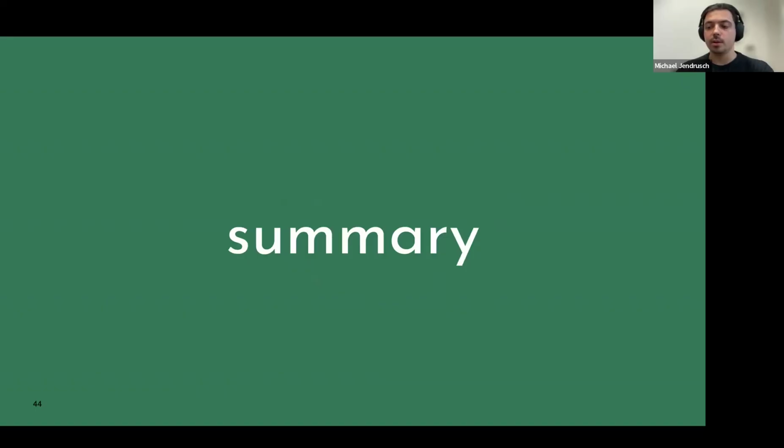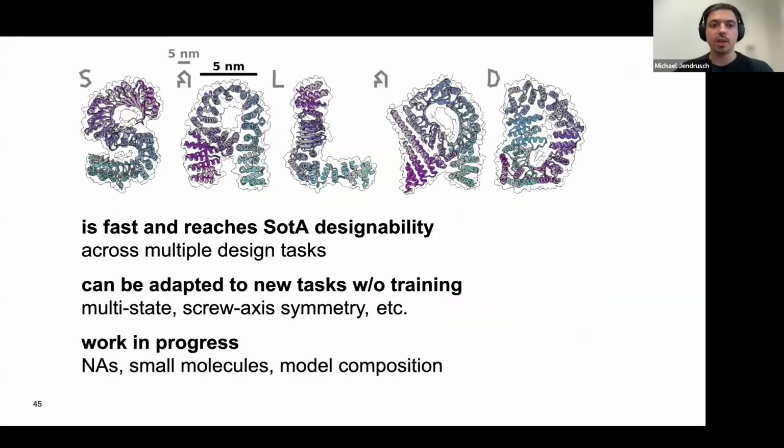So, in summary, what did we do? We made Salad, a model which is fast and reaches state-of-the-art designability, even when compared to models that were published after Salad. Looking at Proteina, for example, Salad still reaches state-of-the-art designability across multiple design tasks.